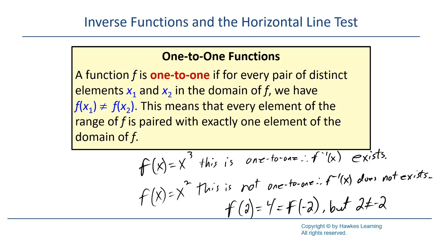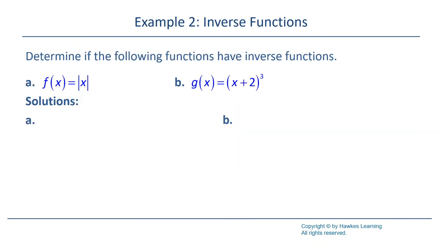What you're looking for is that every output only comes from one input. With x squared, multiple inputs go to the same output. That means it's not 1-to-1, which means it will not have an inverse.